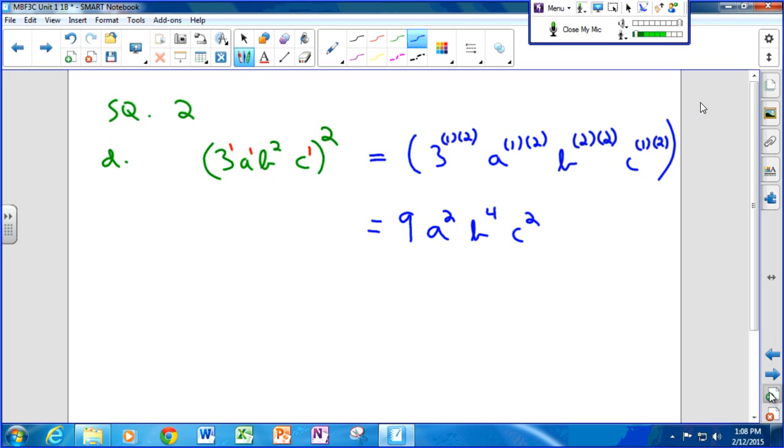If I wanted to take a little shortcut, I could just write this out without going through that intermediate step and say, all right, 3 squared is 9, a squared is a squared, b to the power 2 times 2 is b to the power 4, and c squared is, well, c squared. So you see, I could take a little shortcut there and just do it without that intermediate step. And it's entirely up to you how you want to do it.